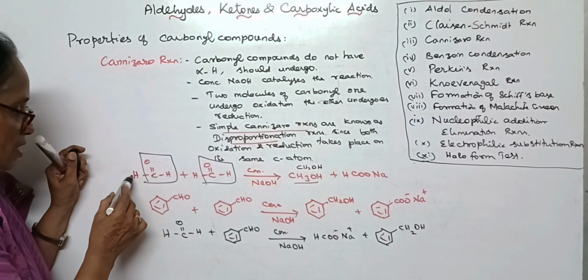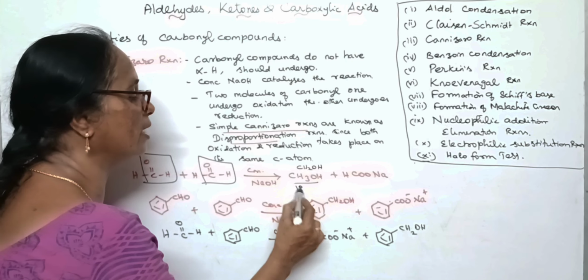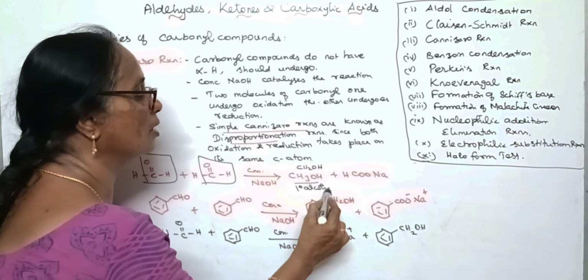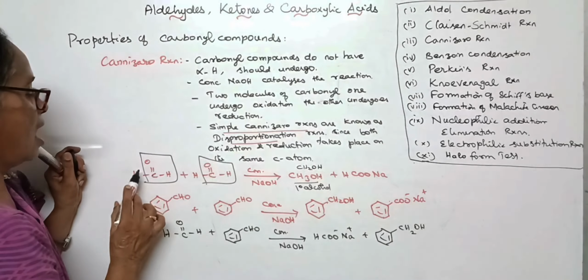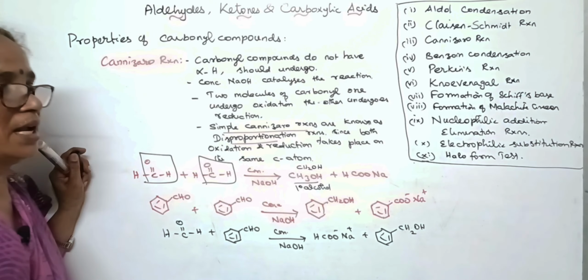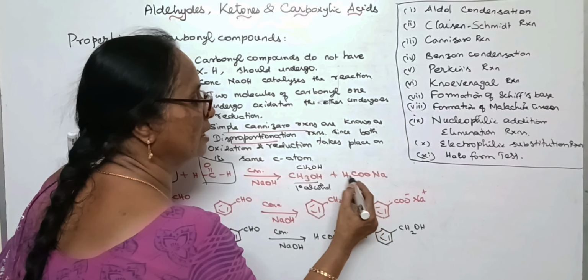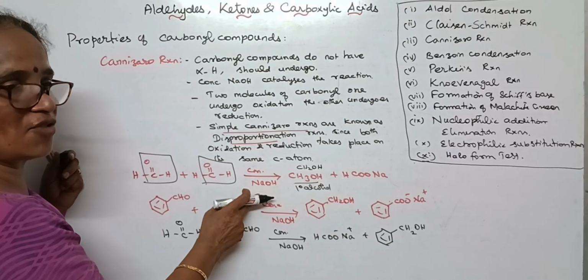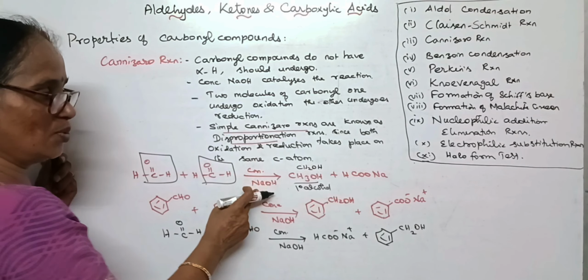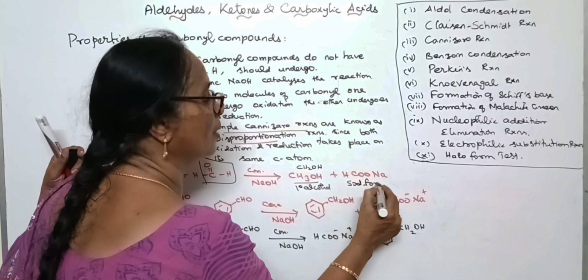Already it has one hydrogen, so that becomes CH3OH, so you are getting primary alcohol. And the other aldehyde undergoes oxidation. Aldehyde reduces to primary alcohol, the other aldehyde oxidizes to HCOOH, and because of the presence of base, the acid reacts with the base to form salt, so it gives sodium formate.